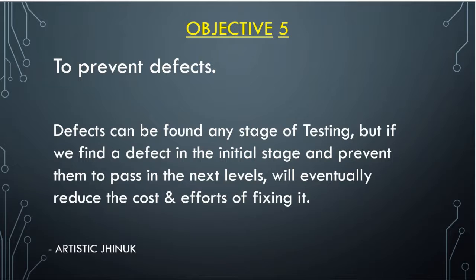The fifth objective of testing is to prevent defects. What happens if we don't follow this objective of testing? Suppose there is a defect in the requirements and we miss it, as we are not following the prevent defects objective of testing. So there is a high chance we can miss defects and move to the next stage of testing.